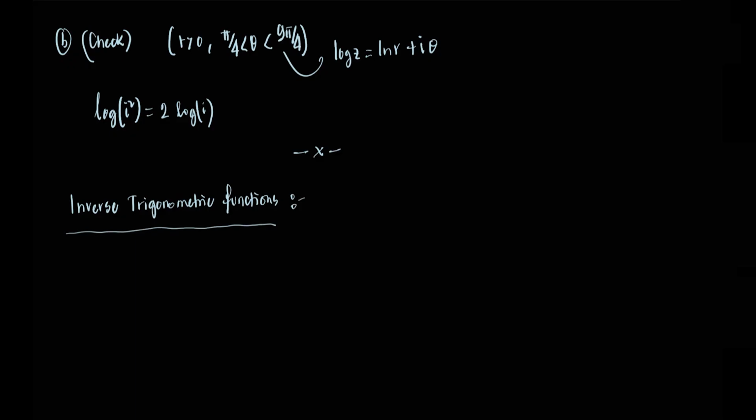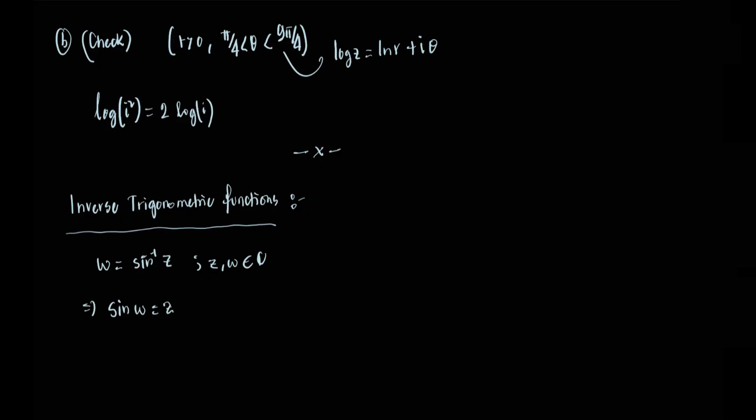That's what the idea is. So let's write w equals sine inverse of z, where z is given to be in C. So we are assuming that there is a w in C such that we can calculate what sine inverse of z is. If that is the case, then of course sine of w is going to be z.